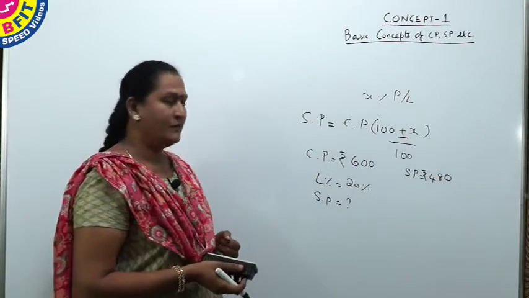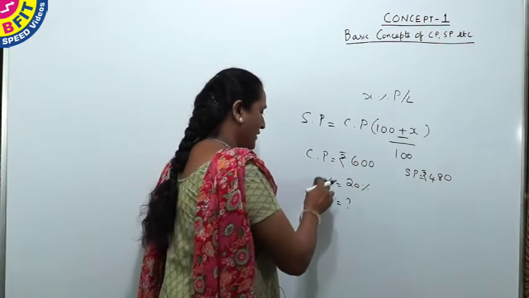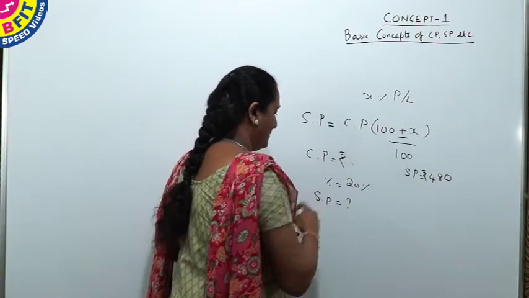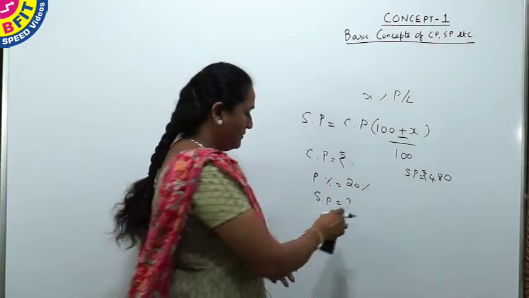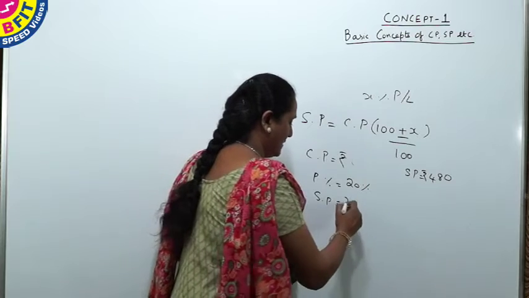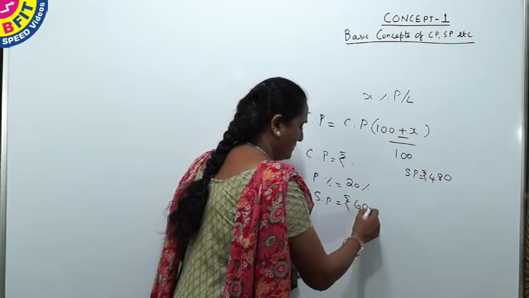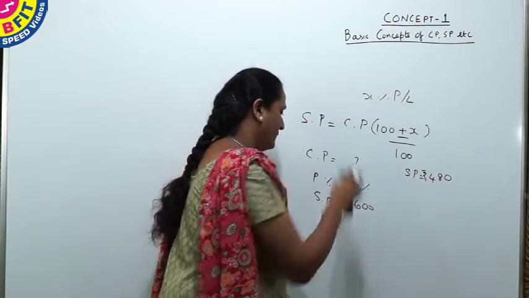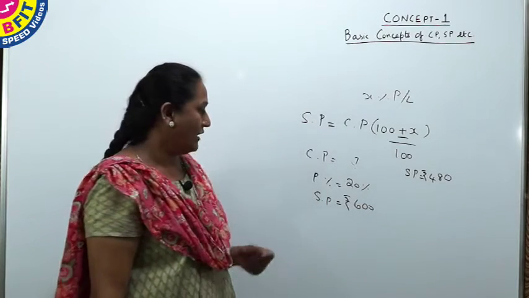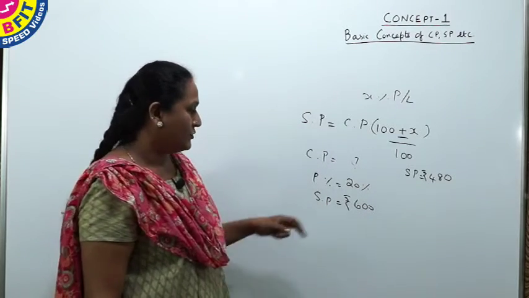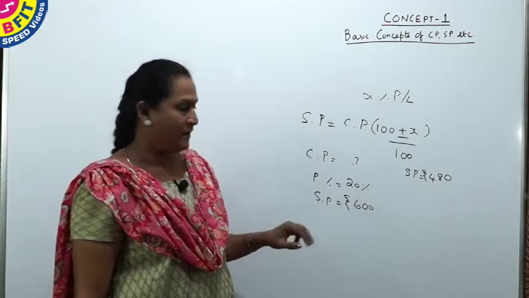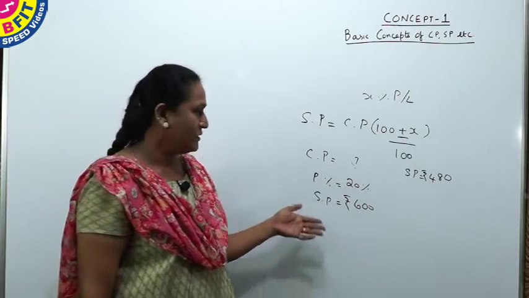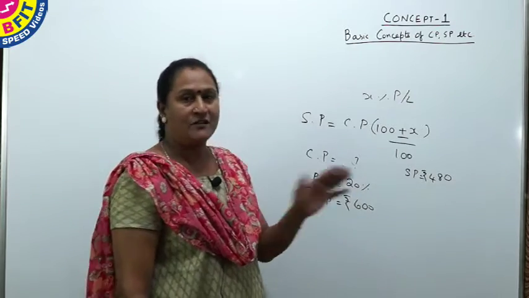Now suppose the question is, profit percent is given as 20% and selling price is rupees 600. What is the cost price? So when selling price is given and cost price is asked, seeing 20% of 600, when you subtract it from selling price, you will get 480, but this is wrong.